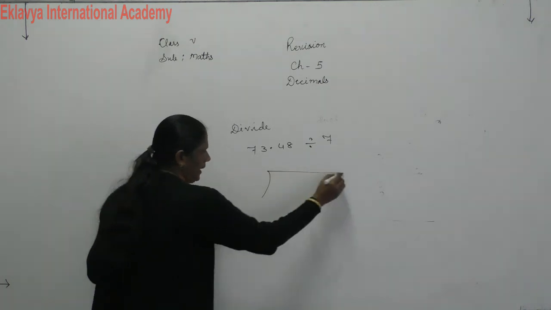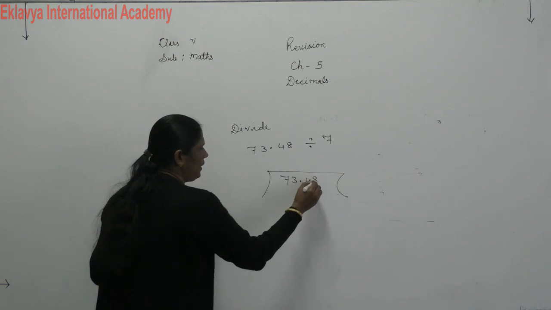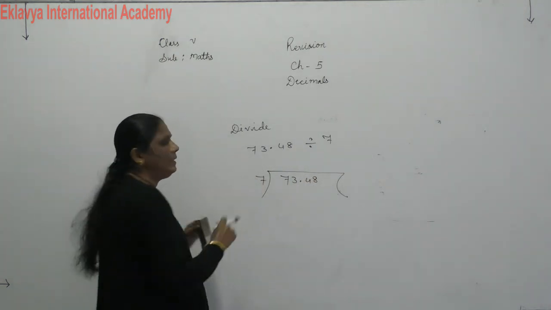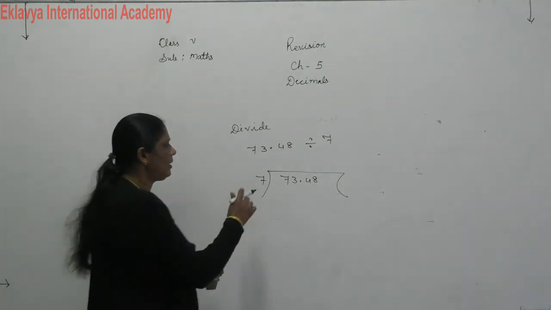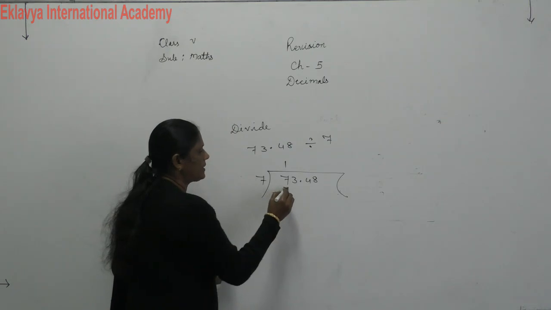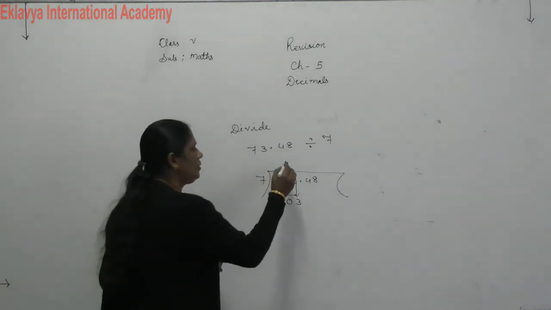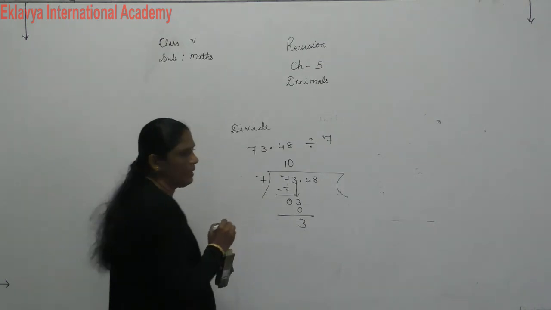First we divide this number. This way you put the decimal place also in the quotient. Then the table of 7, how many times does it go? 1 time, then 7, then 0, then 3 comes here. How many times does it go? 0 times, then 0 here, then 3 again.